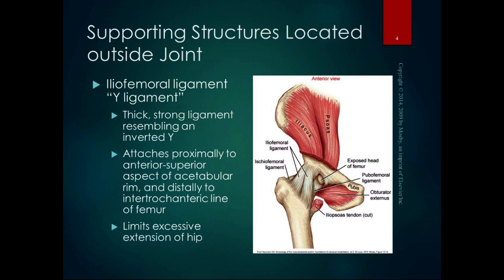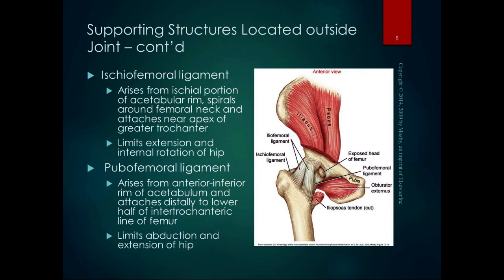It limits excessive hip extension. That's its job. So it's big and huge, and it's going to keep us from falling over. So you can actually lean into your Y ligament pretty extensively and not use a lot of muscle force to stand up.